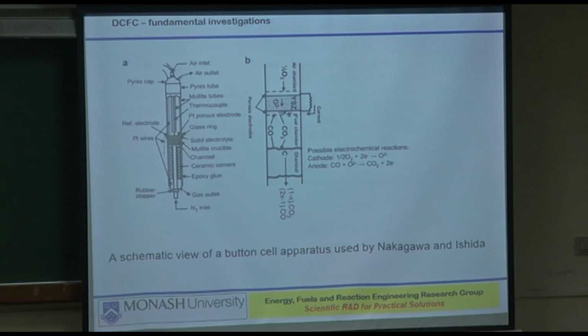And then this one is another design. This is a very fundamental piece of work, and so that's why I have written here fundamental investigation. What they do is you can actually make a cell just like a button, like those button cells you have for your watch and so on.